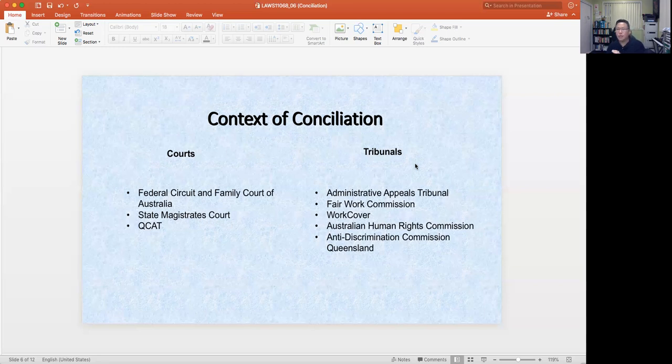The other aspect of tribunals is that statutes have been passed, such as in relation to the Fair Work Commission or Work Cover or the Australian Human Rights Commission or the Anti-Discrimination Commission Queensland, whereby certain instances of a particular dispute or controversy or complaint are intended to be resolved by these tribunals. We call them tribunals because they're not really part of the court system. They're actually part of the executive branch. So that's a broad view.